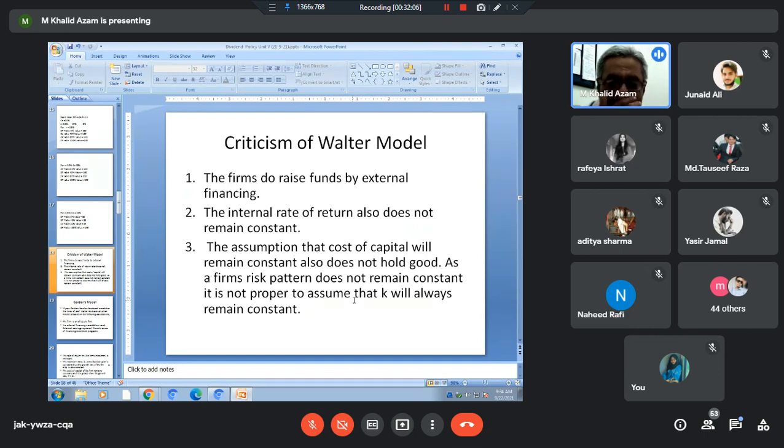In this formula, which I am going to discuss with you in case of the Gordon model, he has also assumed most of the things, but he has added so many more assumptions. I will be coming to that. But the basic thing which we have to understand in the beginning is that in place of E minus D, we are going to consider 1 minus B. And B we are considering as the retention ratio.